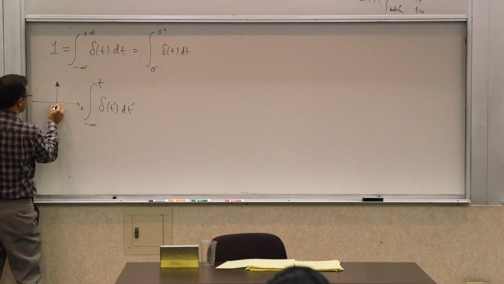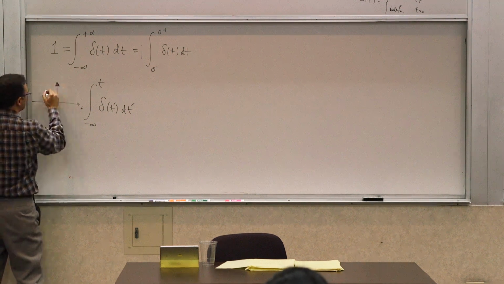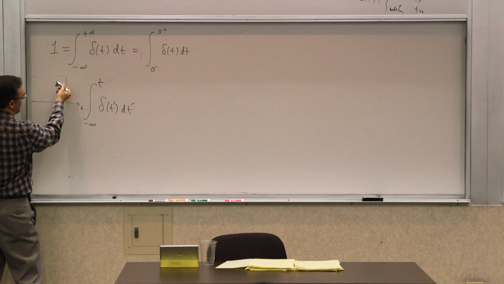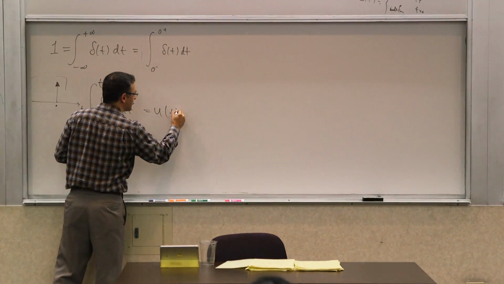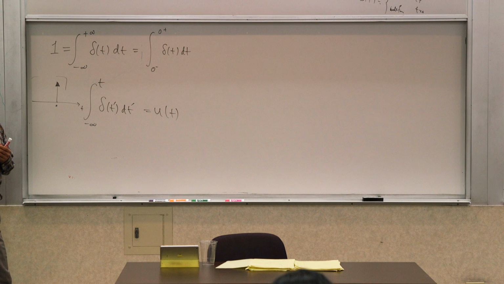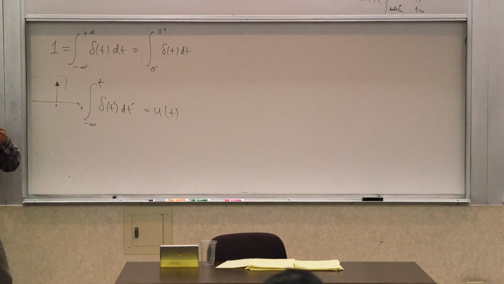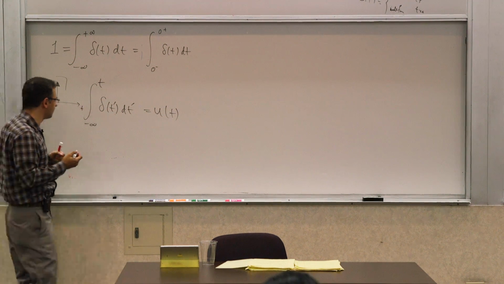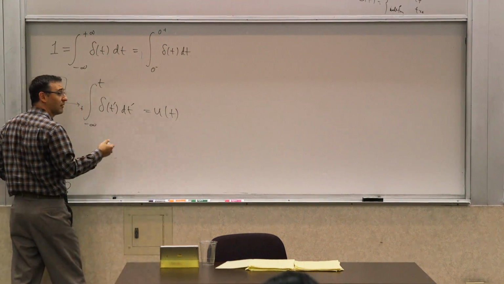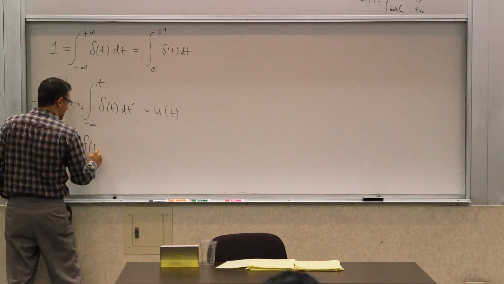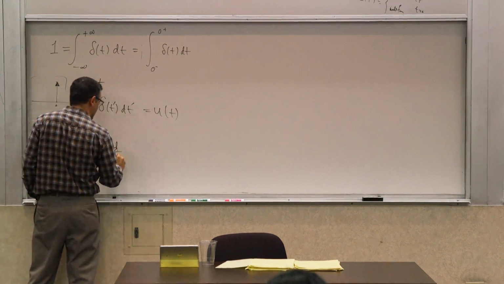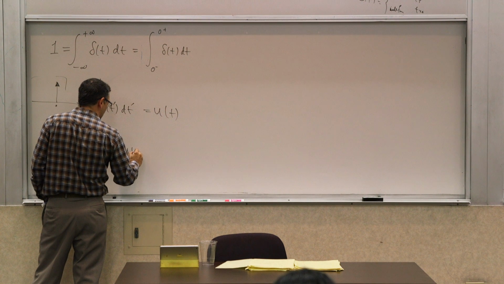As soon as I get past 0, I include the delta in my integration limit, and then I get 1. So this is simply u of t. The integral of this unit impulse is the step. And conversely, delta of t is the derivative of u of t.